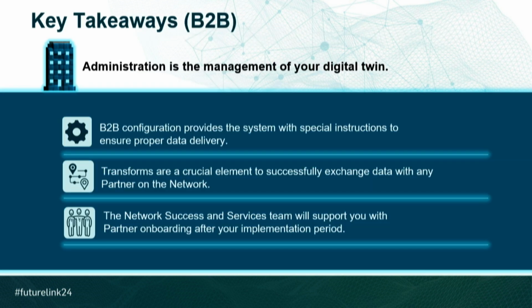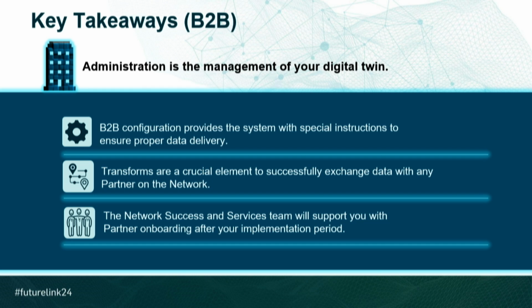Just some key takeaways again. B2B configuration provides the system with those special instructions, so TraceLink knows how to get those transactions to the end destination in the correct format, and deliver the data properly. We used that post office analogy to describe the different concepts there.